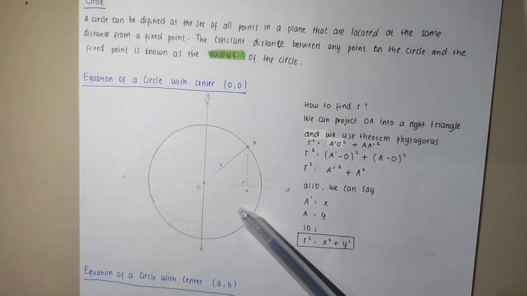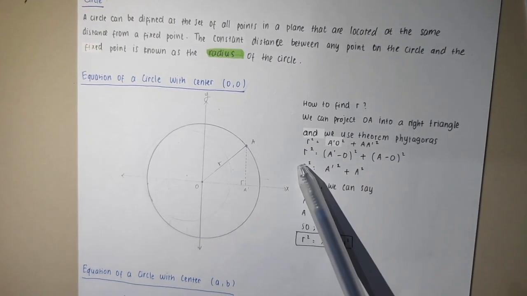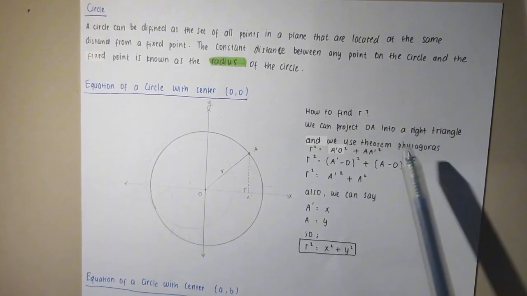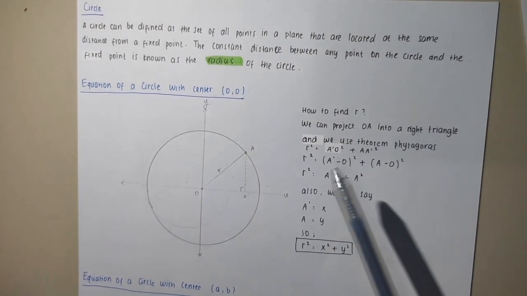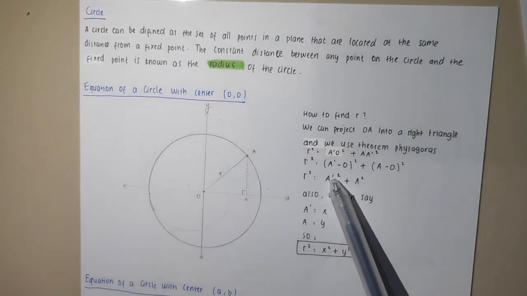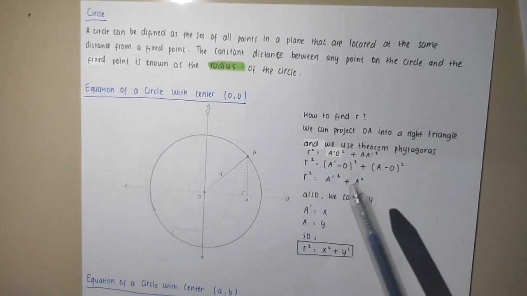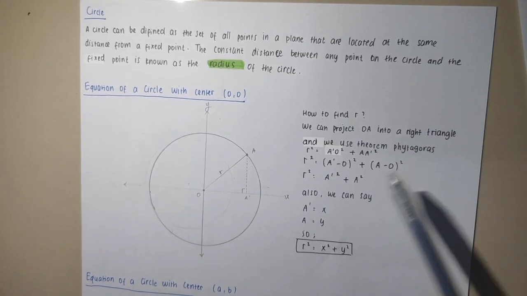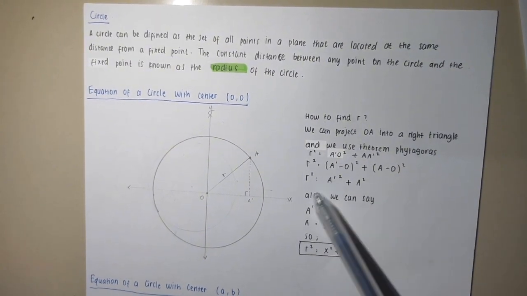r squared equals (x minus 0) squared plus (y minus 0) squared. It can be summarized as r squared equals x squared plus y squared.